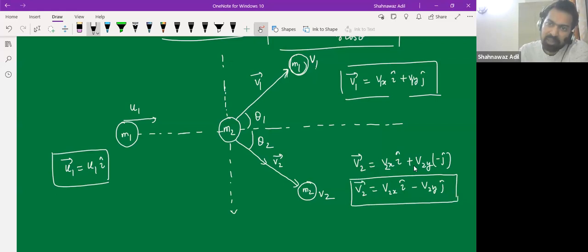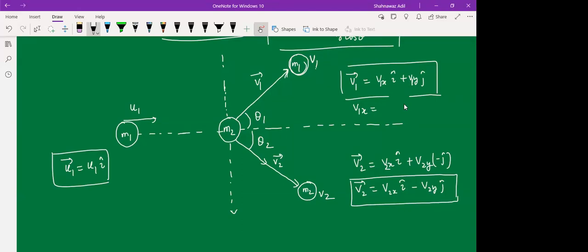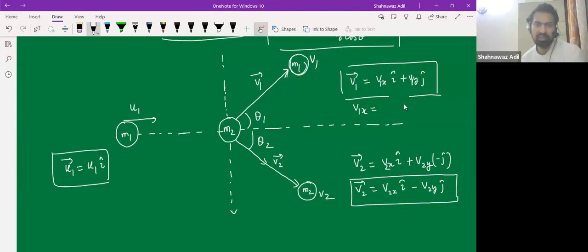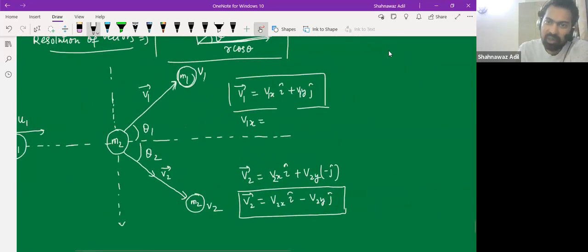Now you tell me, what is v1x? Just remember the vector function. Whenever we have any doubt, this is v1, and this is the horizontal component, v1x.